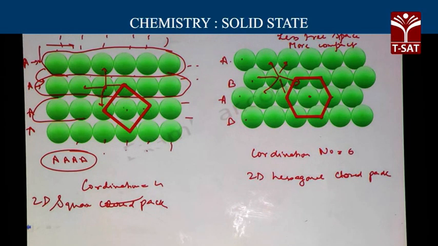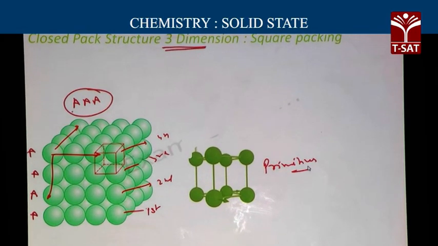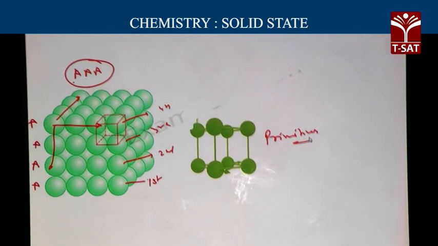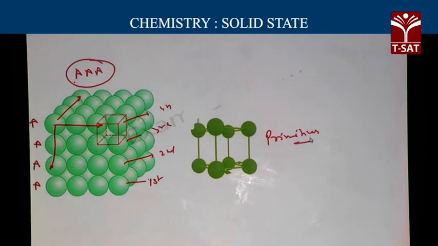When we move to 3-dimensional close packing, this is the first kind of 3-dimensional close packing. Here all the layers, first row, second row, third row, fourth row, this is in 1 dimension, and this side first row, second row, third row, fourth row, second dimension, this 1, 2, 3 like this.